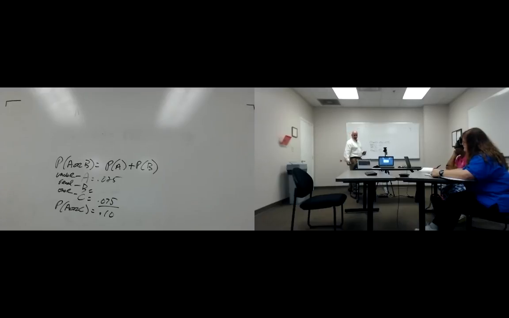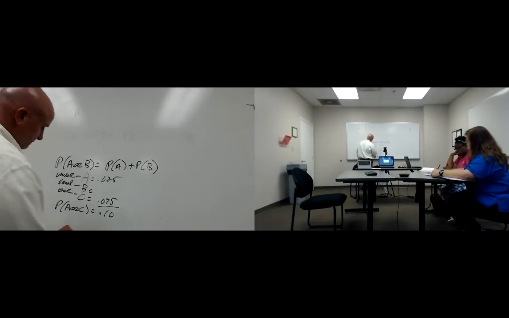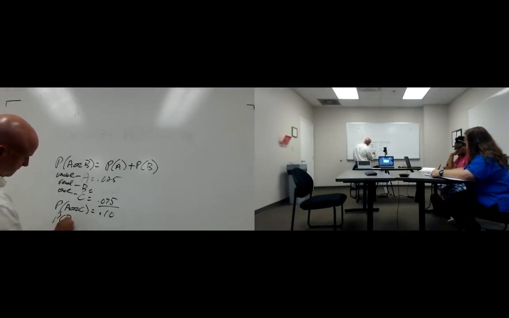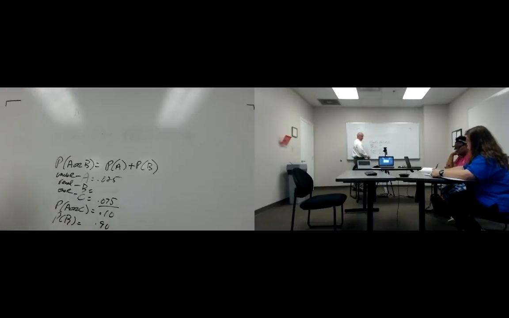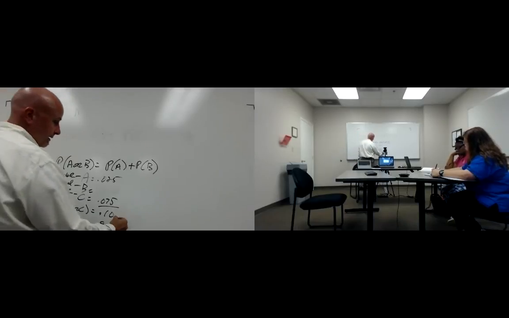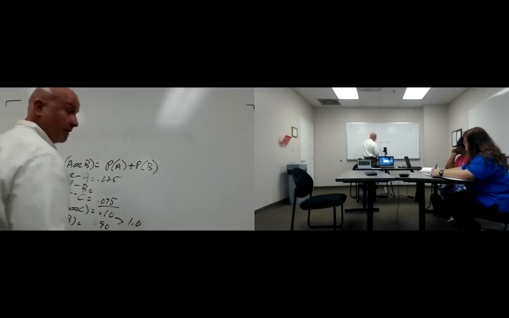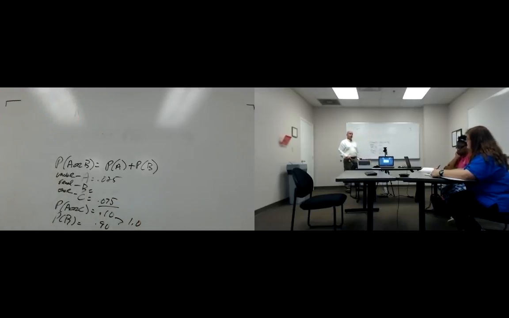Now, using the complement rule, what's the probability that we would be at equal weight? 0.90. And these two together better sum to 1.